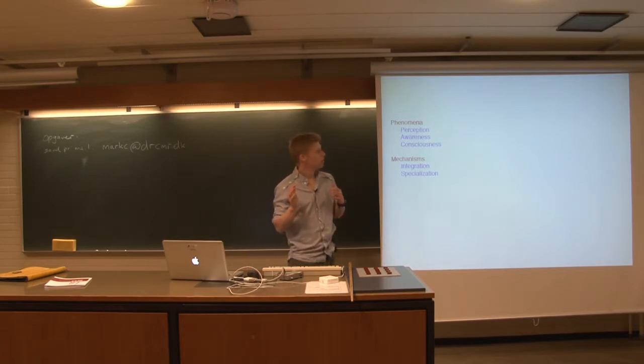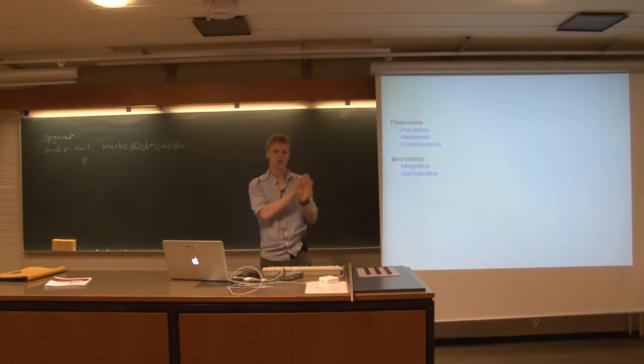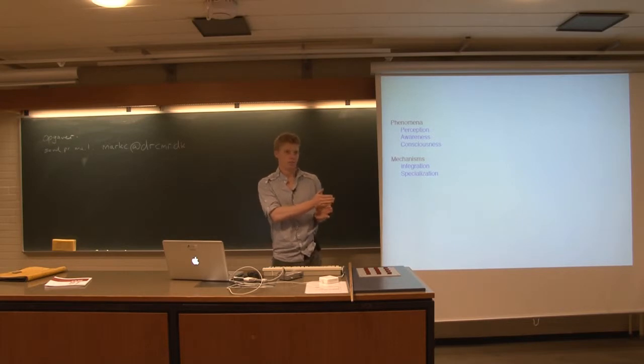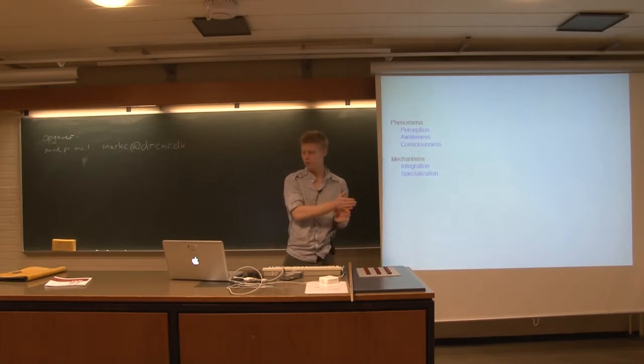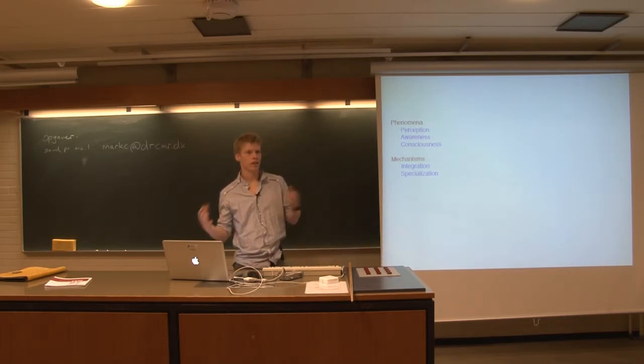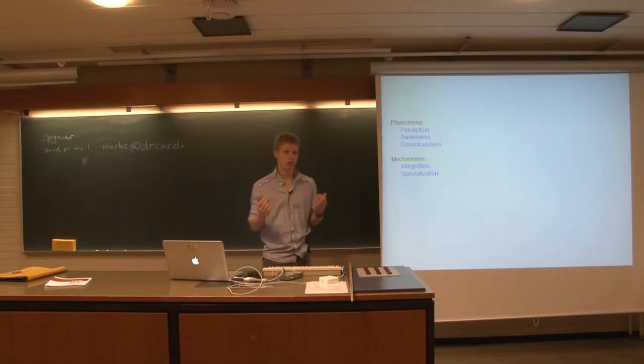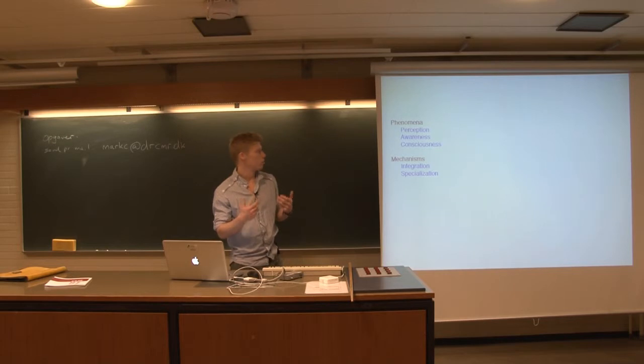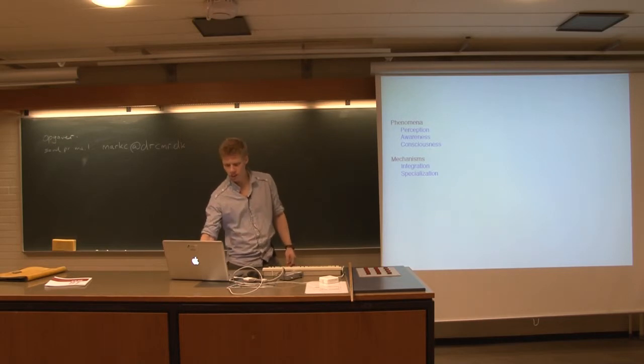And I hope that with this lecture, I'll not just show you some simple ways of perception, but also give you some examples of how information from different sensory modalities can be integrated into a higher order perception.